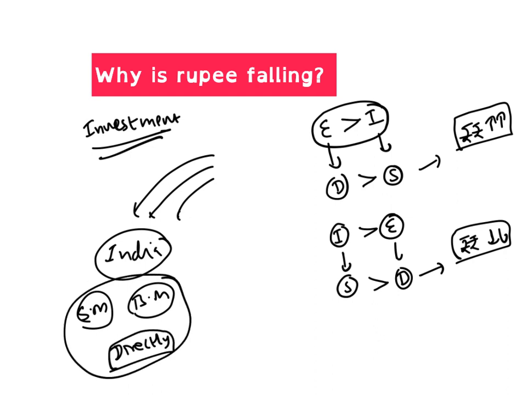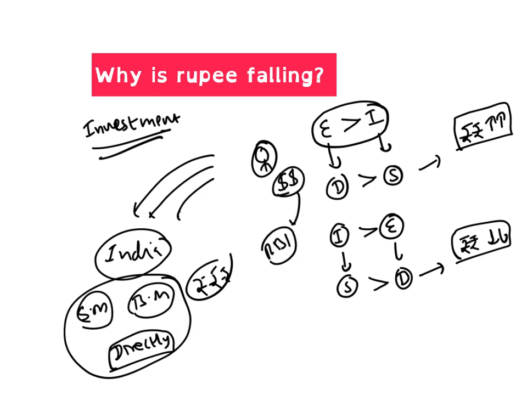For all these things, the foreigner needs rupees. He will have dollars with him, but he needs rupees. So he goes to RBI, sells those dollars to RBI and buys rupees. So when foreign investment happens, we are seeing buying of rupees. Are you getting this?